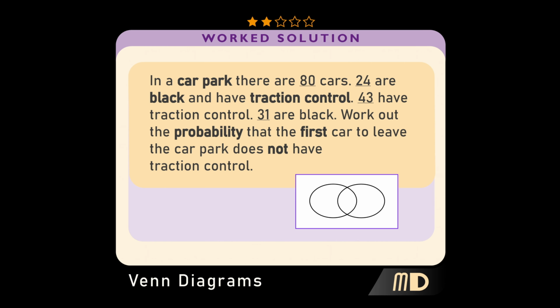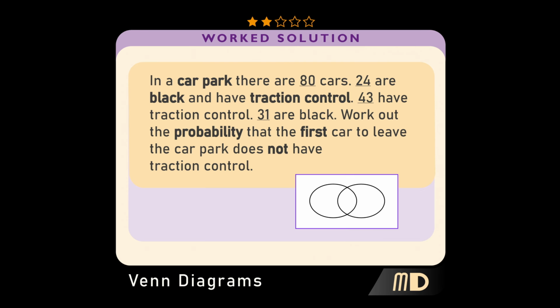The shared space in the middle contains elements belonging to both categories, while the outer parts of each circle hold unique traits to that specific group. The region outside of the circles represents everything in the universal set that does not belong to any of the named categories.